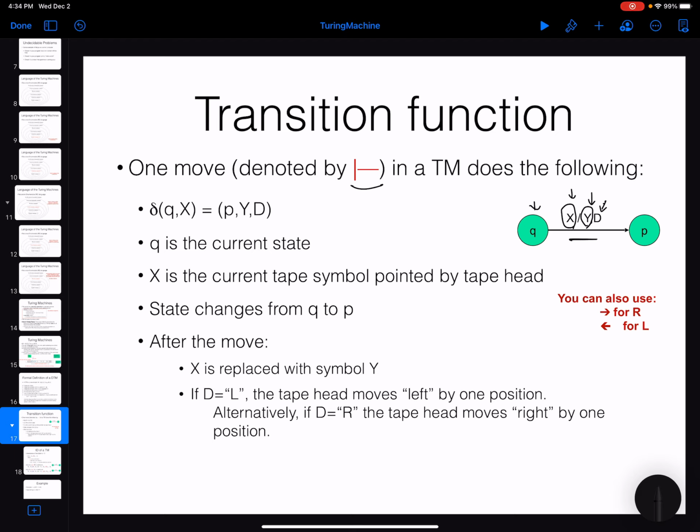In some notations, instead of writing left or right, you might see an arrow that shows left or right as well.